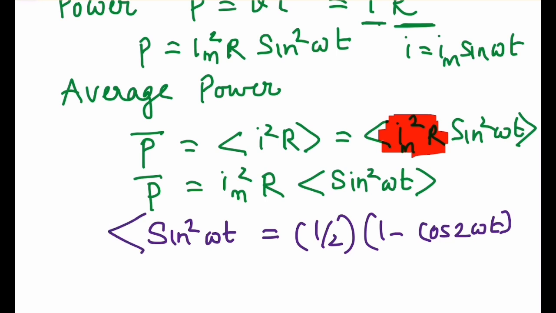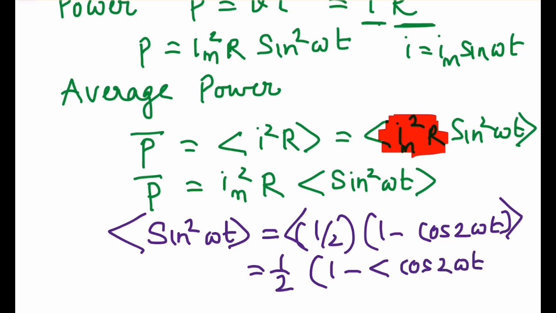What will happen? 1 by 2 is a constant, you can take it out, and then it will become 1 minus the average of cos 2 omega t, because that is the only thing which is changing with time. How can we say? Because there is omega t here. That means it is a time dependent quantity.